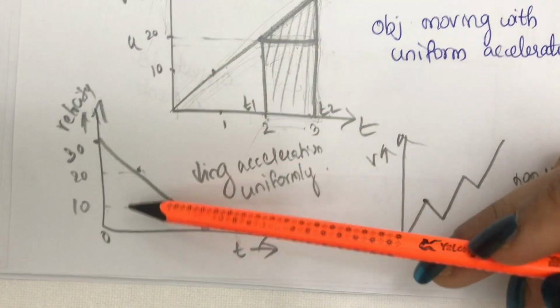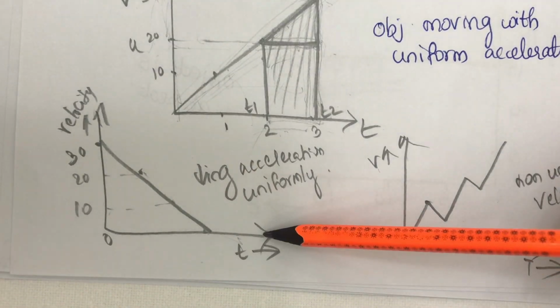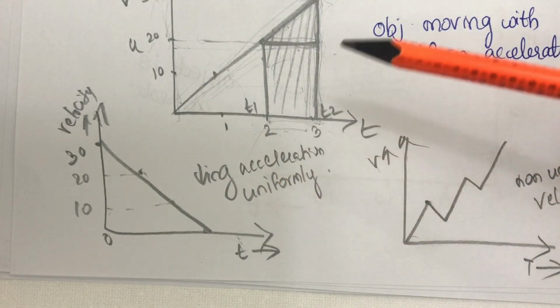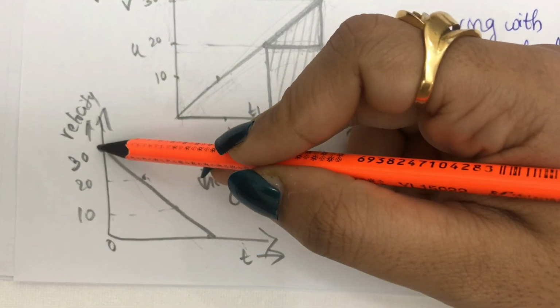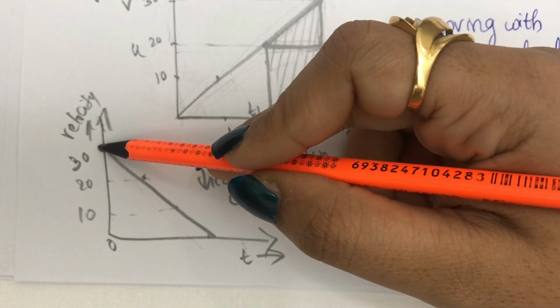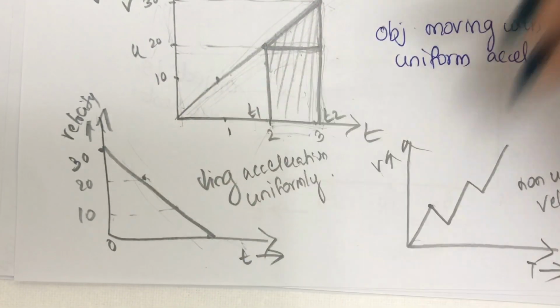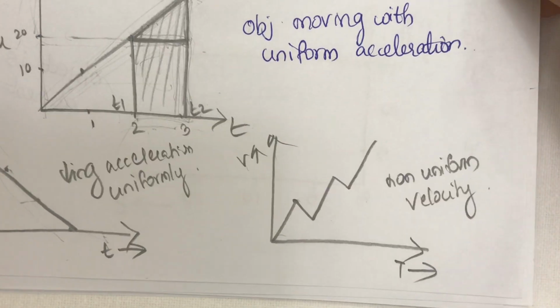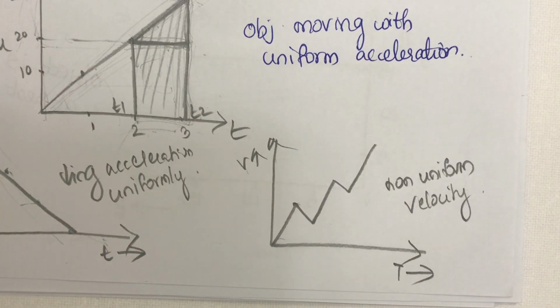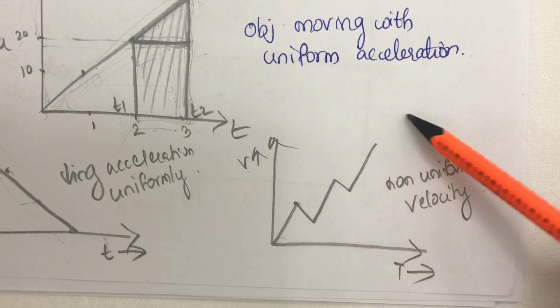Displacement. And this is the VT graph of a body decreasing the speed uniformly. Okay, so it comes from 30 km/h to 0. So it will be like this. So what will be the VT graph of an object with non-uniform velocity? So this will be like this.